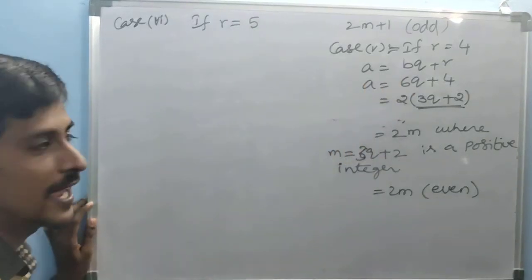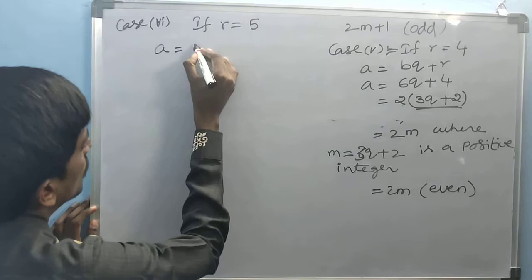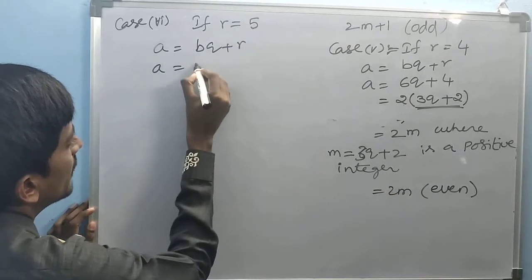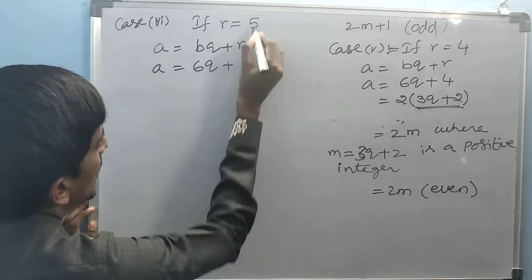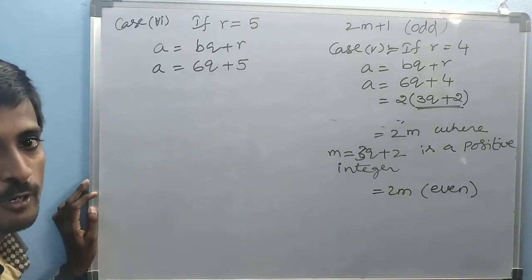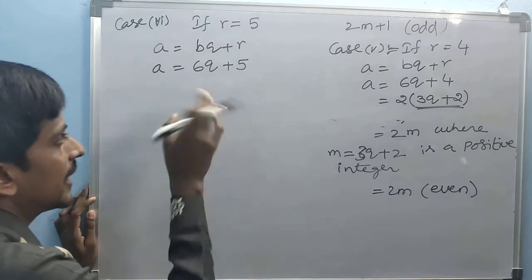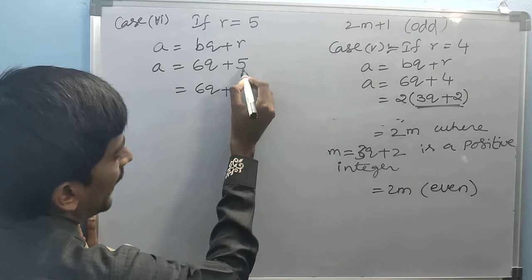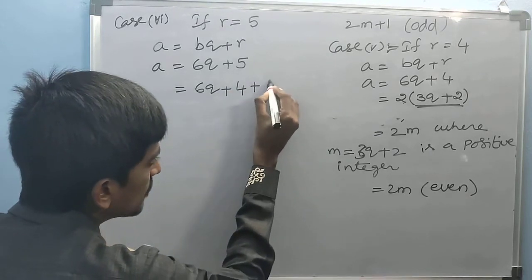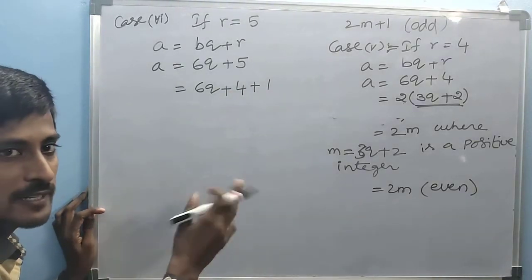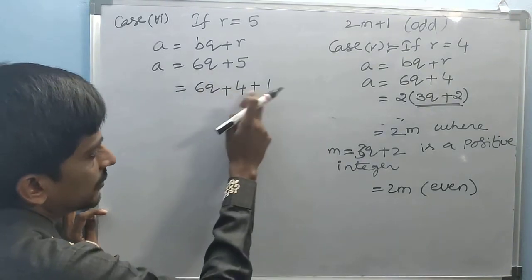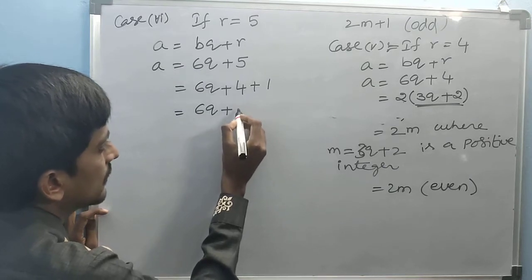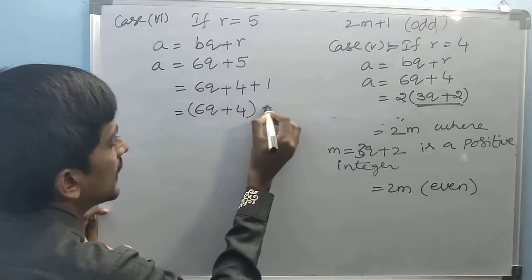Now r equals 5. a equals bq plus r, with b equal to 6, so 6q plus 5. Is it an odd number or an even number? 6q plus 5 can be written as 4 plus 1, so 6q plus 4 plus 1.